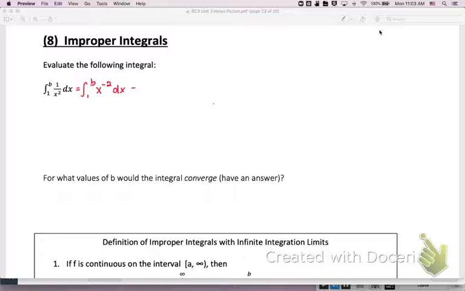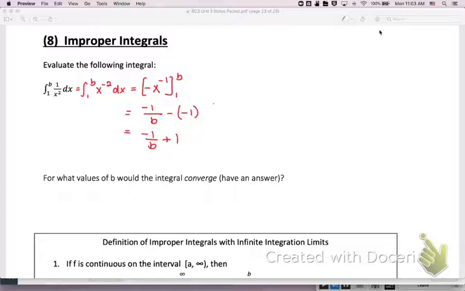So that comes out to, we add 1 to the exponent, x to the negative 1, divide by the new exponent, and we want to evaluate that from 1 to b. So we'll come up with negative 1 over b minus negative 1. So this simply comes out to negative 1 over b plus 1. If you can do that, you're halfway there.